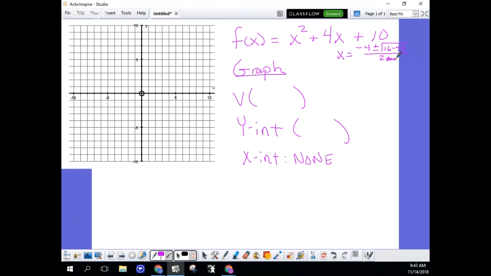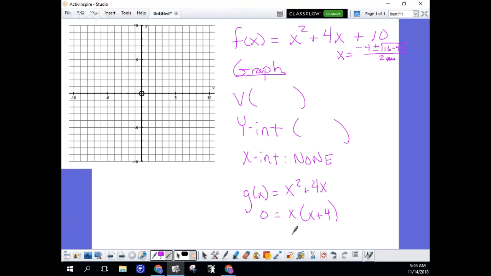All right, so now we're going to go to the vertex. What I'm going to do is look at a new equation that has the same Vx, x squared plus 4x. This has the same Vx as the f of x. So now I'm going to say 0 equals that, and find the x-intercepts, which is easy to factor.